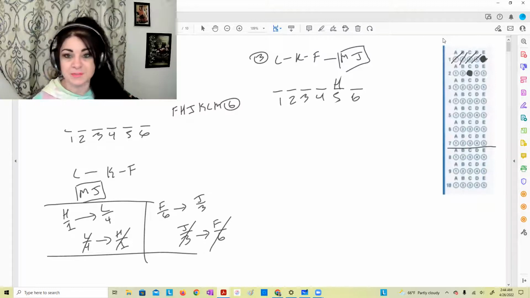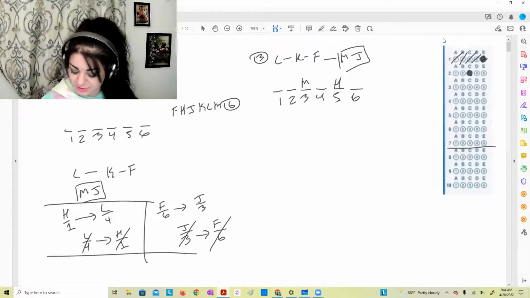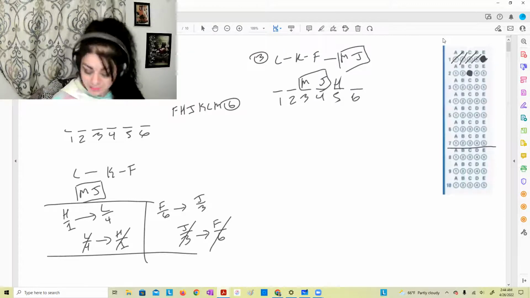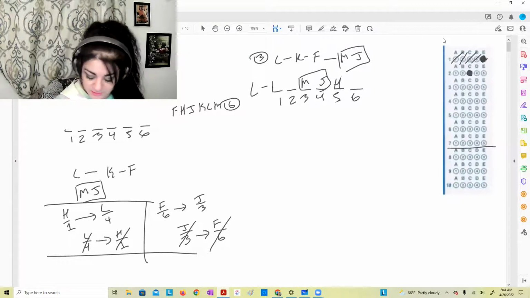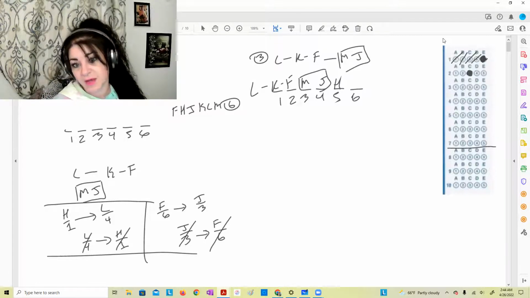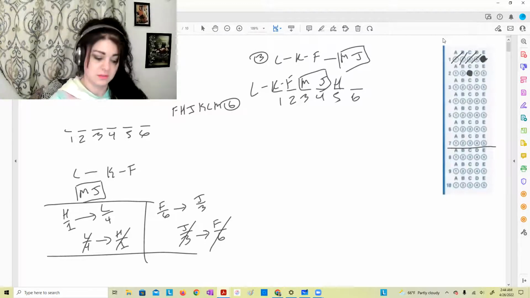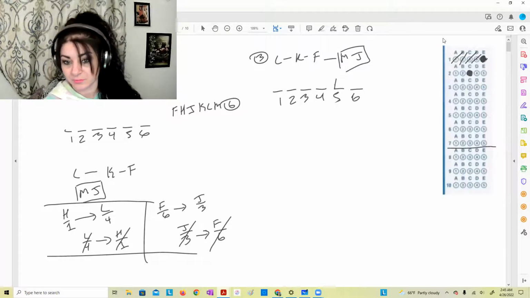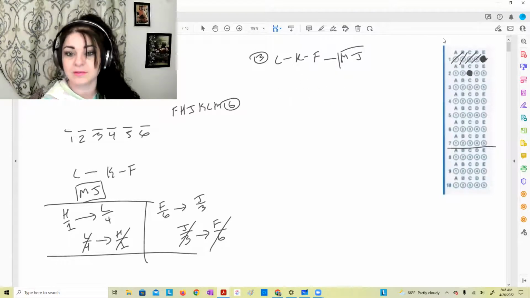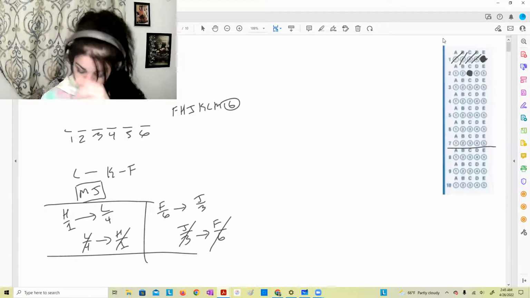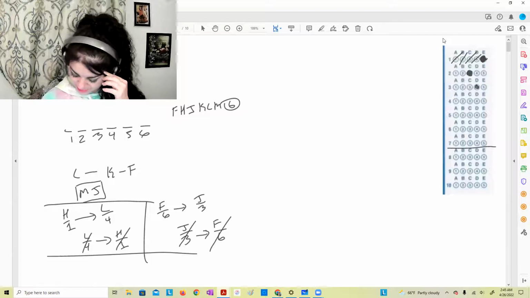Even if I was to push it as far back as possible onto 3 and 4, that would still make L fall off the cliff over here. That wouldn't work. So there's no way H could be in 5. So that is why D is the correct answer. Normally you should preserve your work, but because I was finding a wrong answer here, I'm going to go ahead and erase it. Correct answer, D.